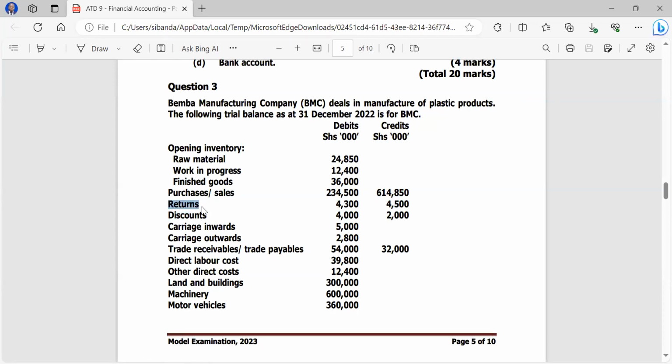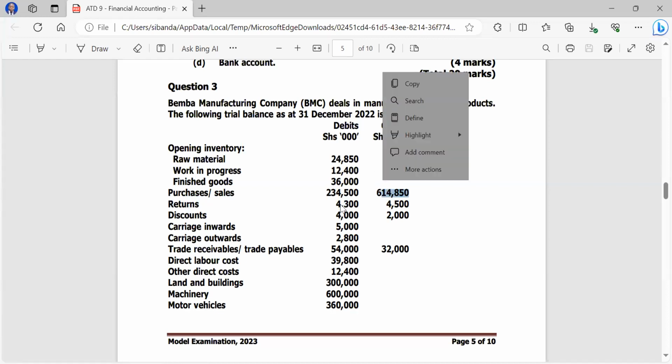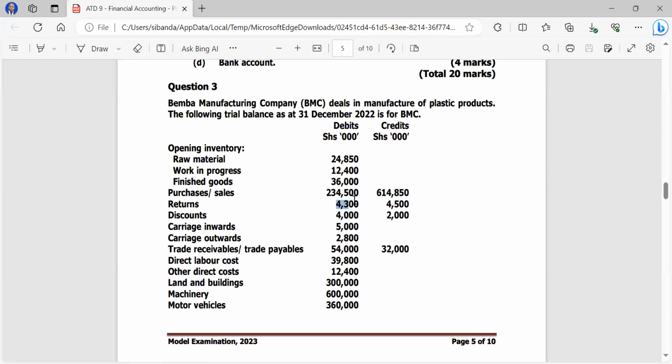Example, like now here it says returns, but gives a figure here and also gives a figure here. So yours is to know that these returns, these are goods returned, okay? And these are goods returned in respect to the sales, because these are the sales. Now, if we are to have returns, they will be on the opposite side. So these are returns inwards.